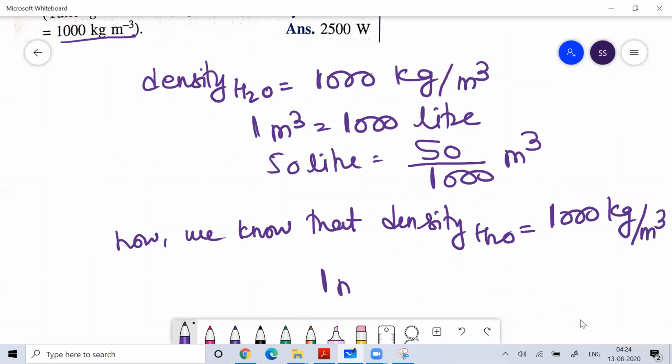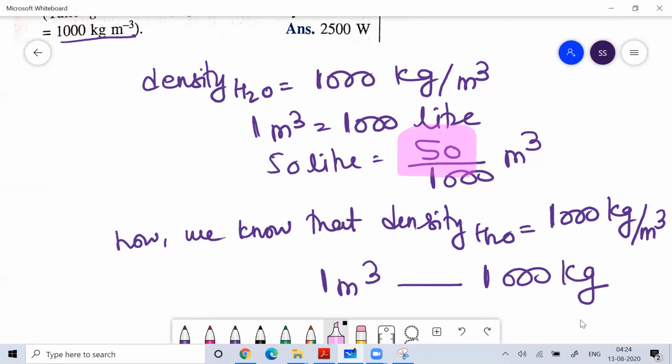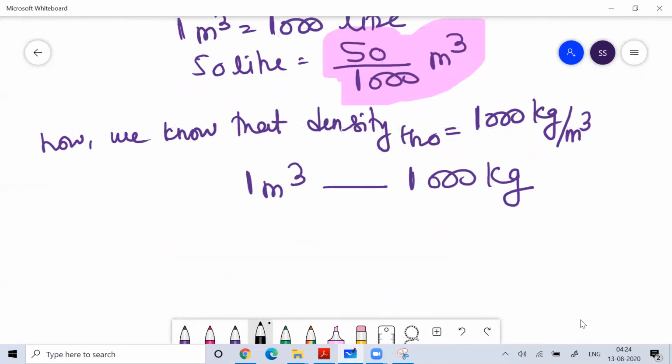That means 1 meter cube mass of that is 1000 kg. Here the water is 50 divided by 1000 meter cube, or I can write 5 by 100 meter cube, which will be equal to how much kg?